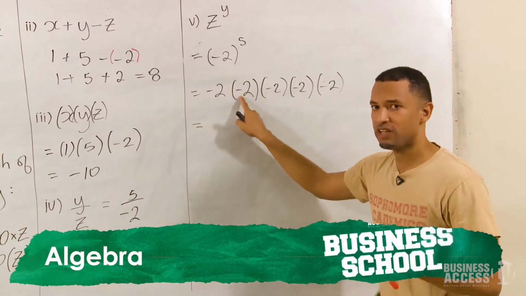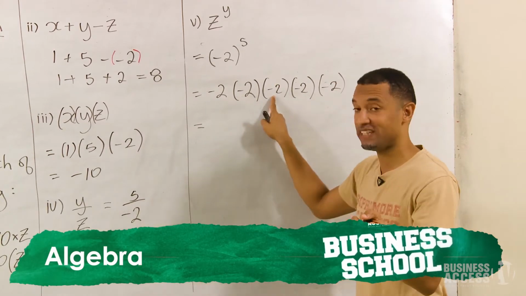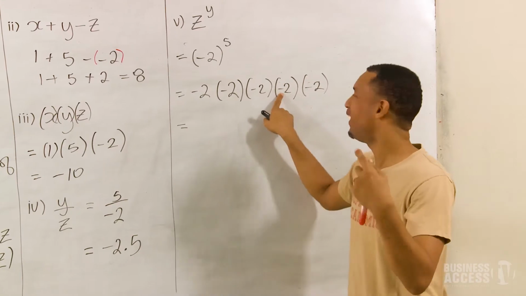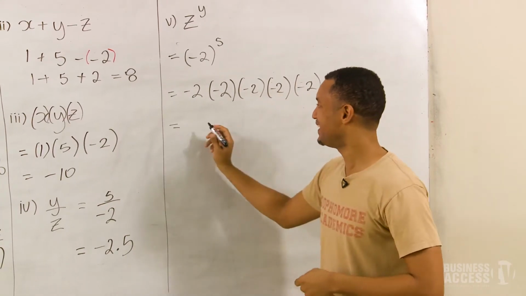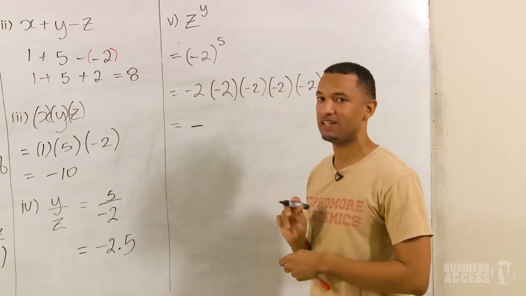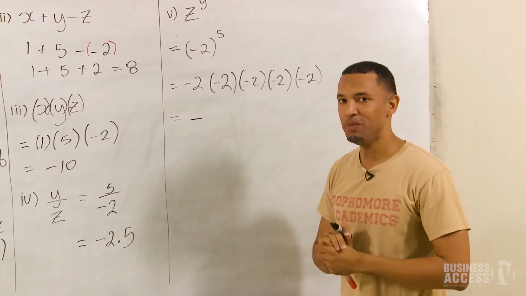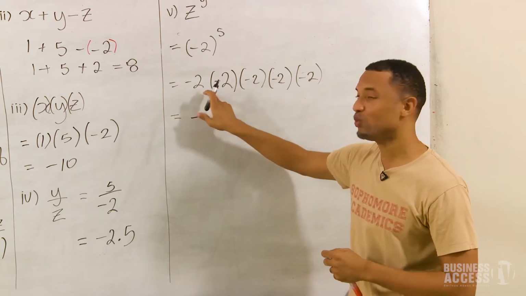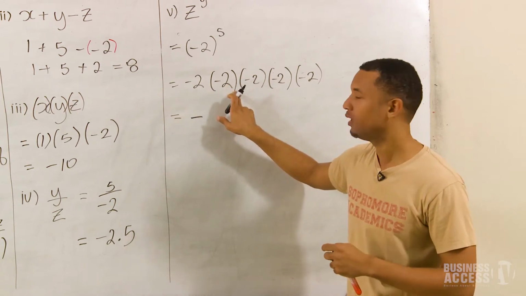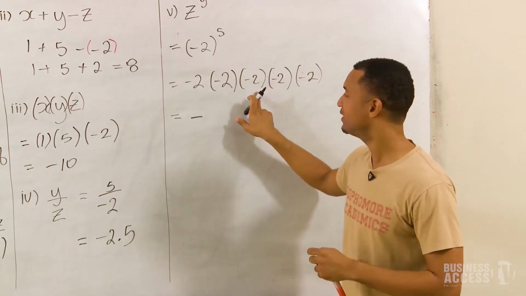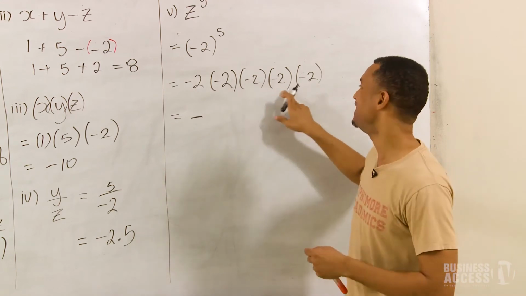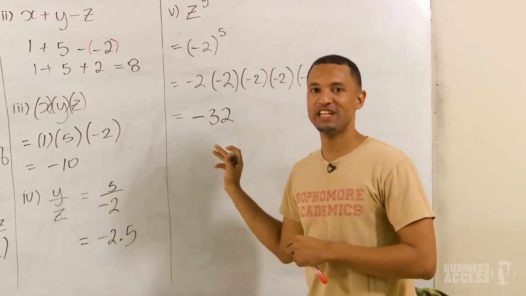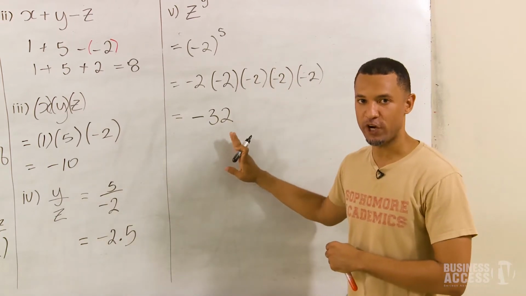Negative times negative is positive, times negative is negative, times negative is positive, times negative is negative. We're going to end up with a negative answer. What is 2 times 2? 4, times 2 is 8, times 2 is 16, times 2 is 32. So right there we have negative 32.